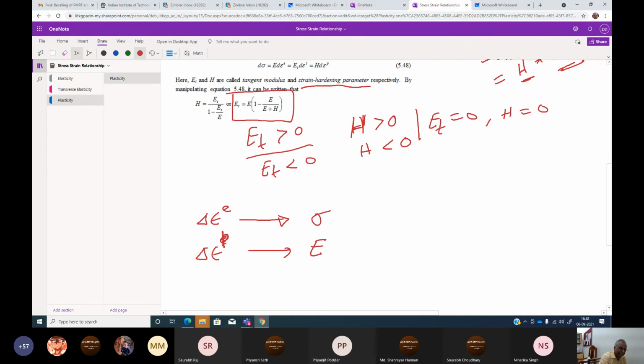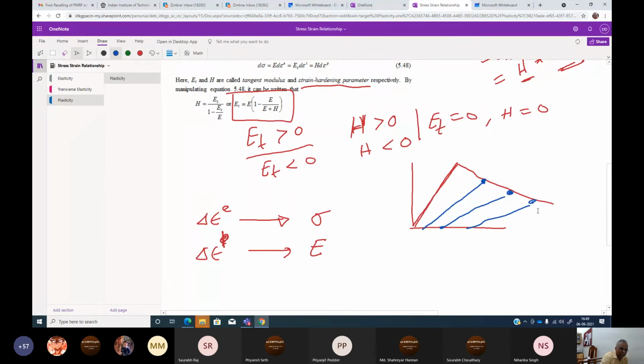So if I can give you an example, let's say in a strain softening case, this is E originally, and then gradually at this stage E will be like this, at this stage it will be like that.